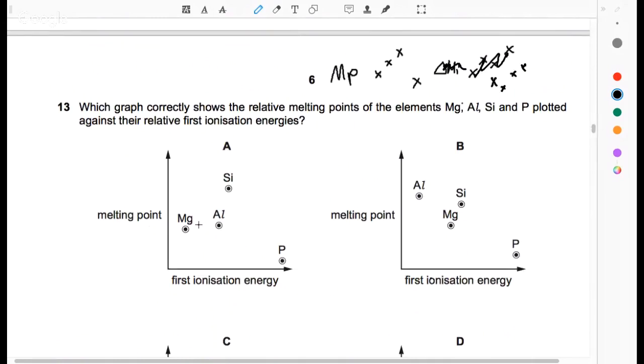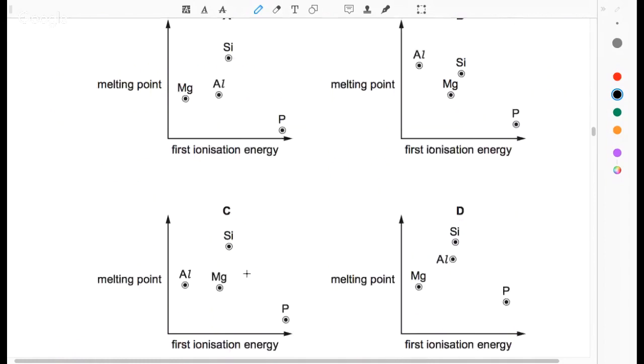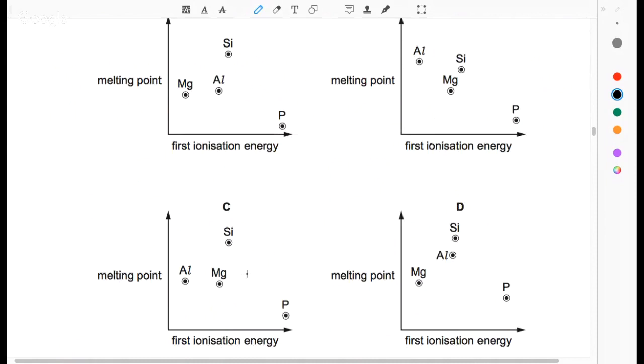It's not this, because Mg's first ionization energy is higher than aluminium's. So it's either this or this. Why is Mg higher than aluminium? Because the electron removal is in the p orbital, not the s orbital. It's more screened and at a higher distance. So it's this.